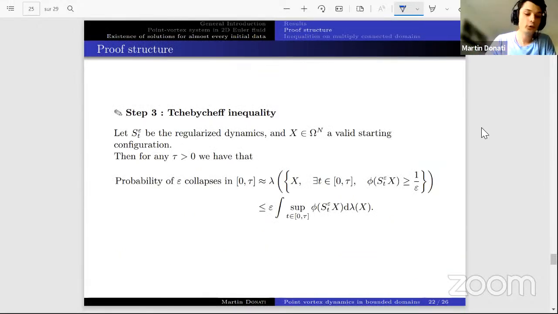Okay, now the crucial part of the proof, why this works. This again was the idea of Marco and Pulvirenti. We use the Chebyshev inequality.